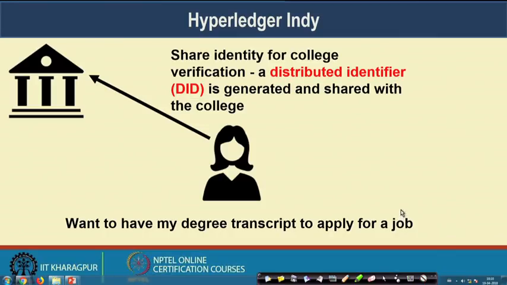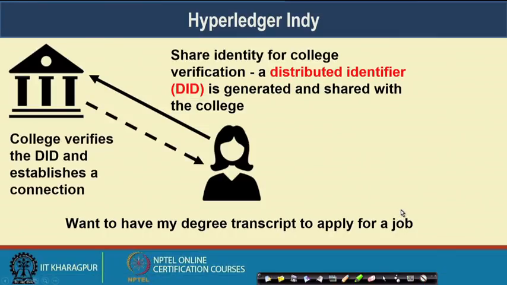Now, in the next step, the college verifies the DID and establishes a connection. So, in Indy we call it a connection when the DID gets verified. In between there are multiple steps. I am coming to those parts, how this DID is getting verified.